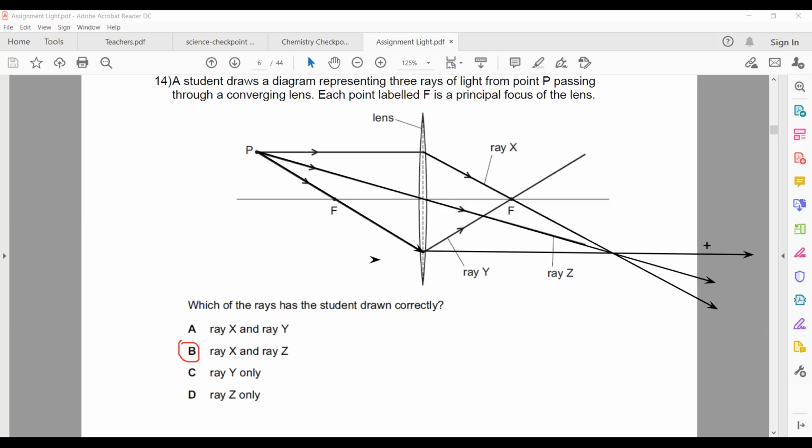So they all will meet at one point. The position where these light rays meet is the position where the image will form. So this is a wrong ray which is drawn.